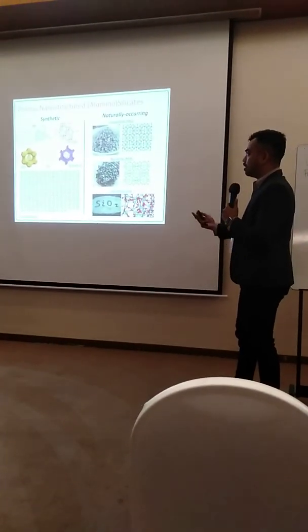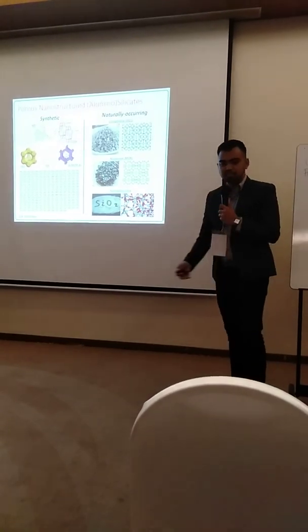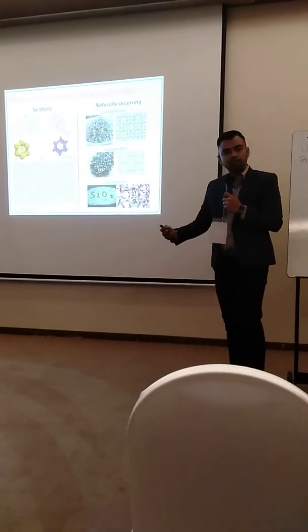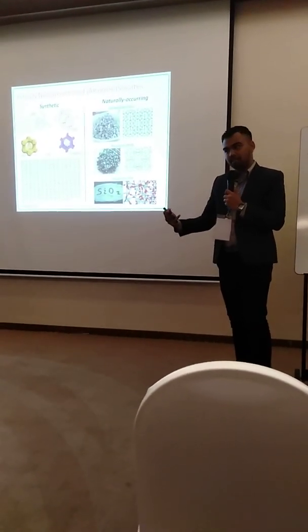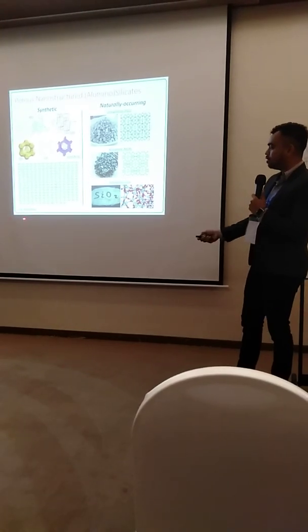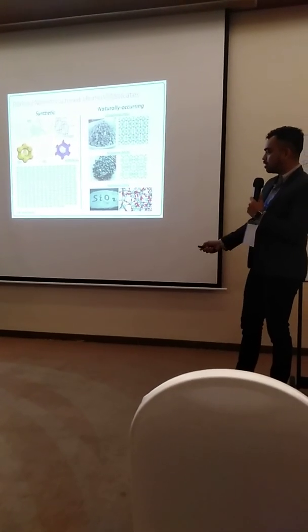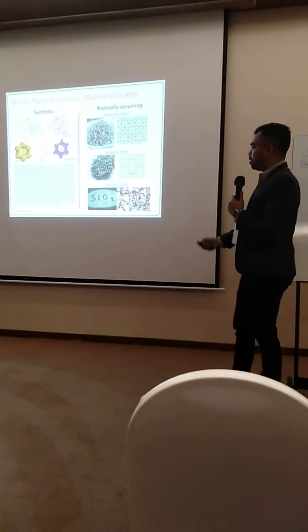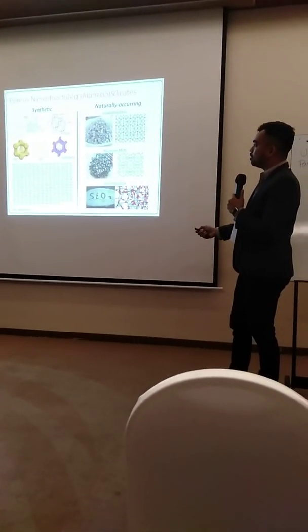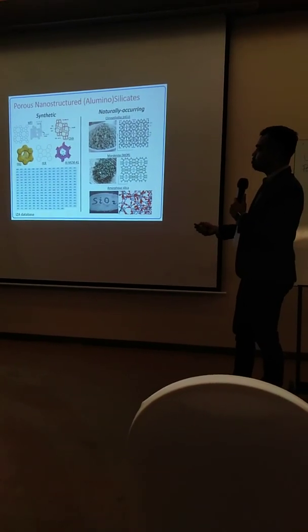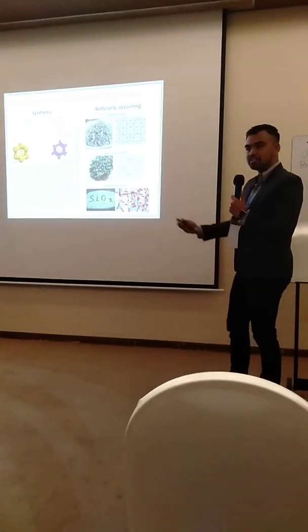structures of the synthetic aluminosilicate, but most of them are zeolites. Now there are over 200 types of structure of zeolites which you can find in the International Zeolite Association database. So many of them, but the most famous is MFI, which is ZSM5.